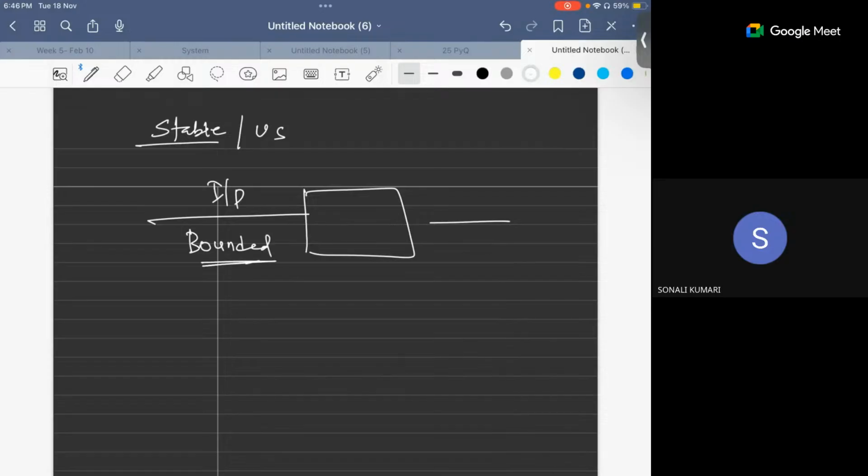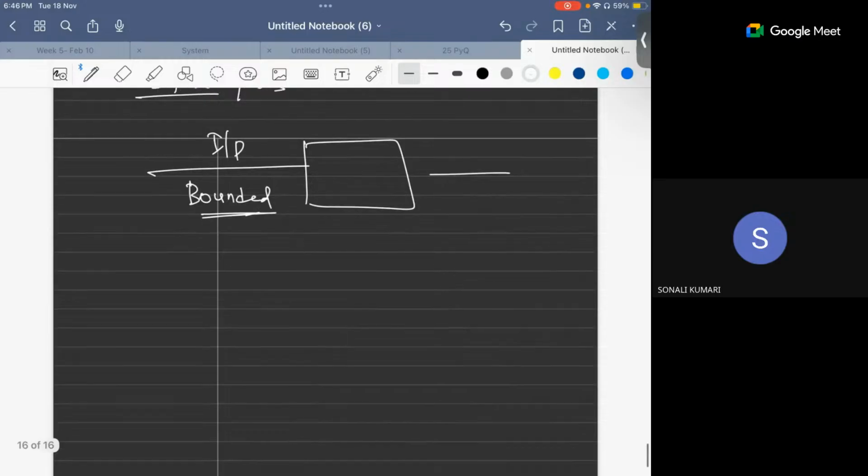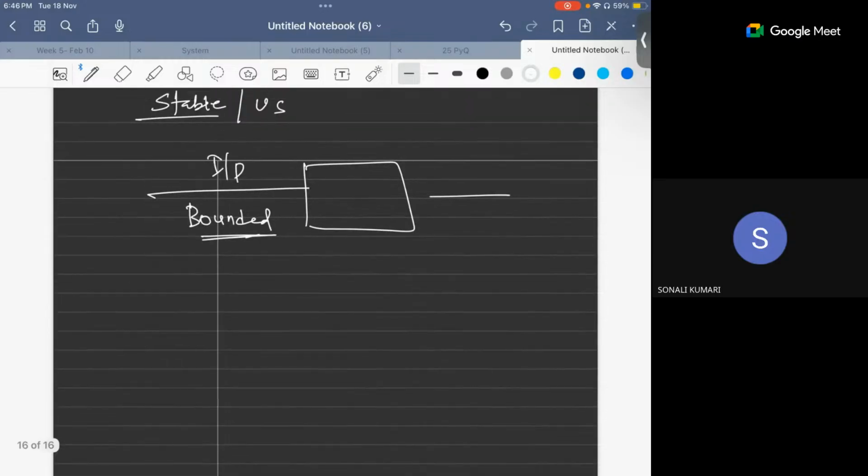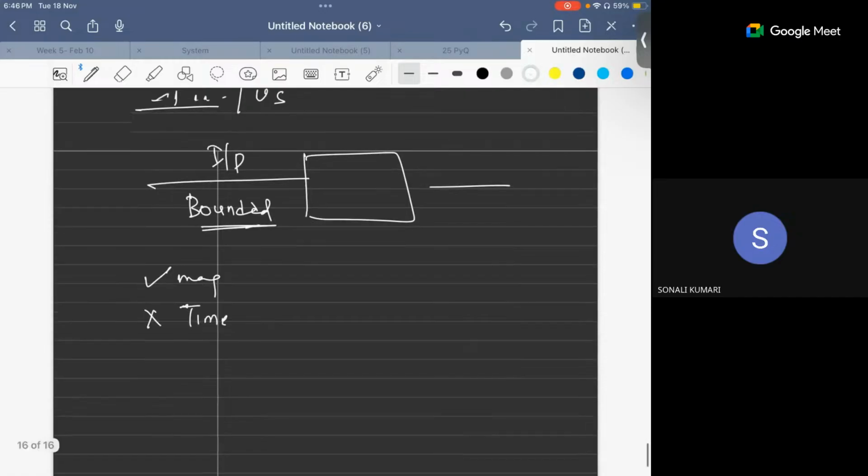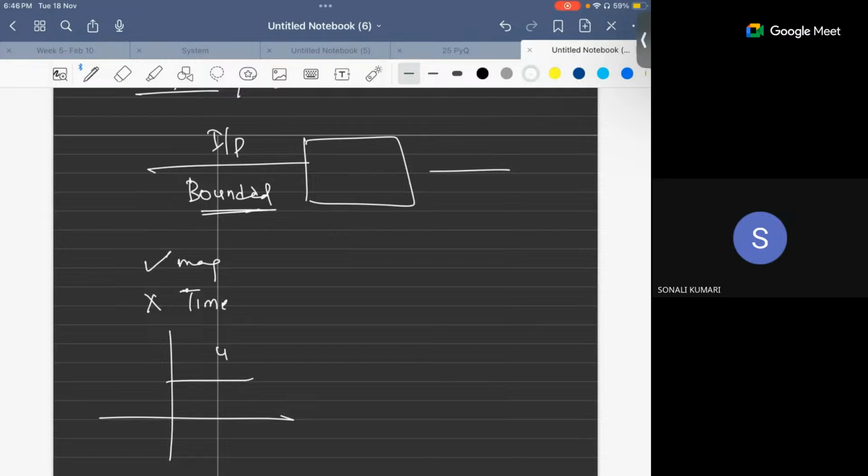And this bounded doesn't mean we are talking about boundedness in time. We are talking about boundedness in the magnitude, not in the time variable. So if somebody asks you whether u(t) is bounded or not, this is bounded, because you can see that the magnitude is bounded.